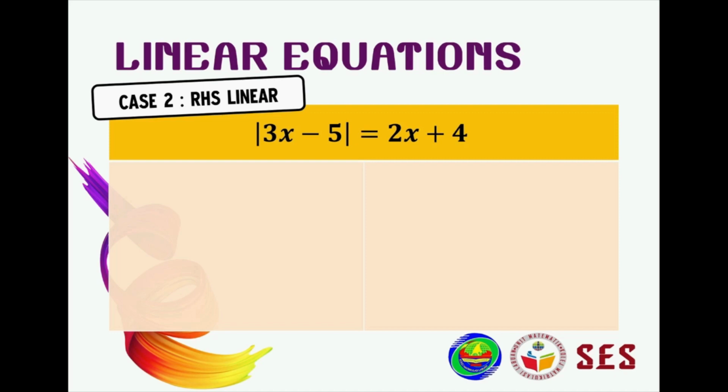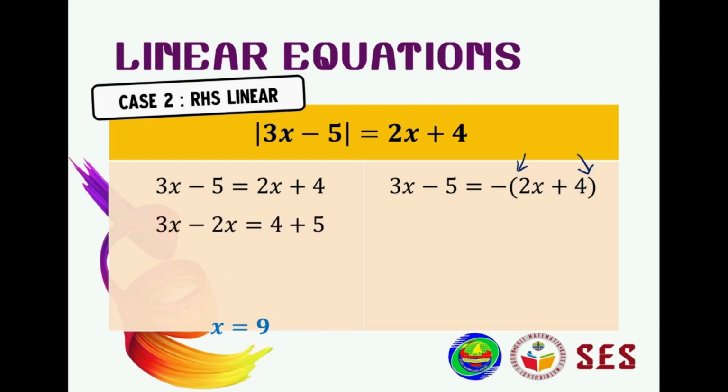Okay, so we are going to open the modulus as usual, like this, and on the negative part, make sure you put a bracket here like this, so the negative will affect everyone for 2x plus 4. Solve it. For the first part, we will get x equals 9. For the second part, we open the bracket, solve them, and we get x equals 1 over 5.